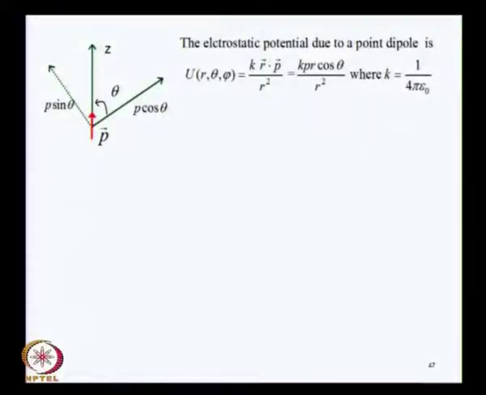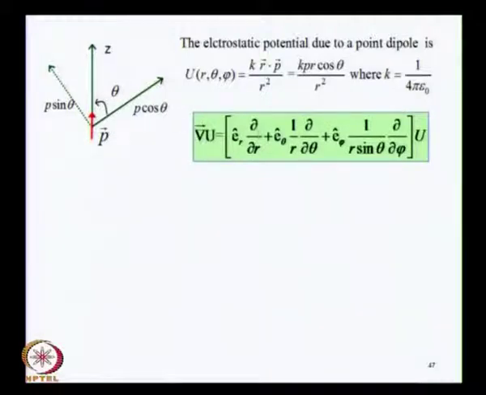You can do some small exercises. For example, if you write the potential due to a dipole, which you know has this general form, this is the potential due to an electric dipole, and in this geometry in which the angles and the distances are defined as they are, you can get the gradient of this potential.